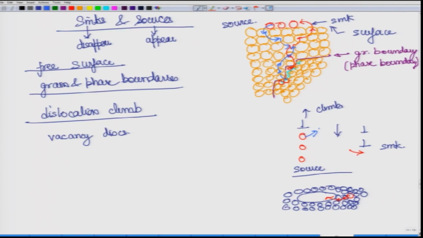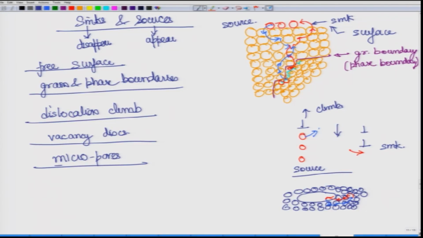On the other hand, because there is a large region, it can move from here to here, and then it becomes a source. So, vacancy disks can become a source and sink. Similar to vacancy disks, if this is a little larger, then we would call it micropores, which act very similarly and can also act as sources and sinks.